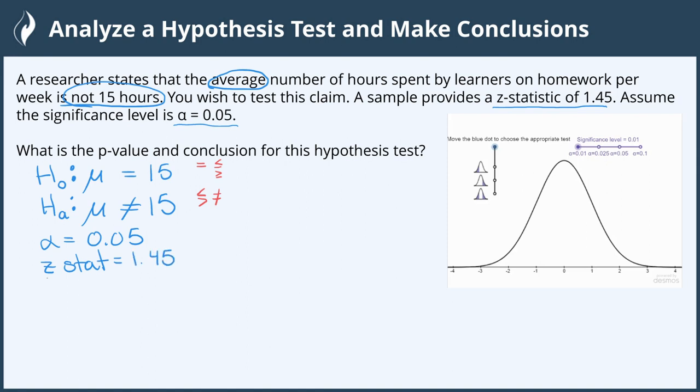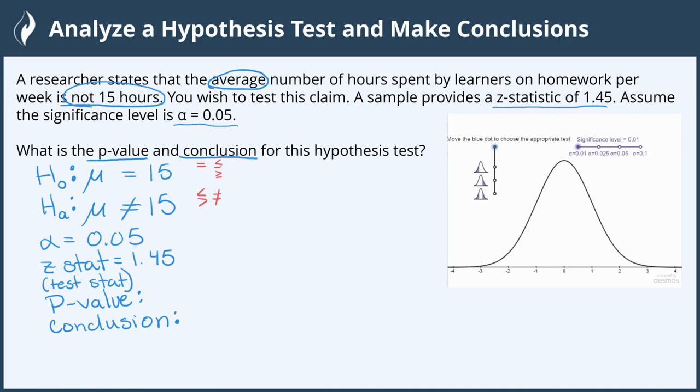The z-statistic is also considered our test statistic. And lastly, we were asked to find the p-value and make a conclusion. So let's organize this here, that we are looking for a p-value and a conclusion.